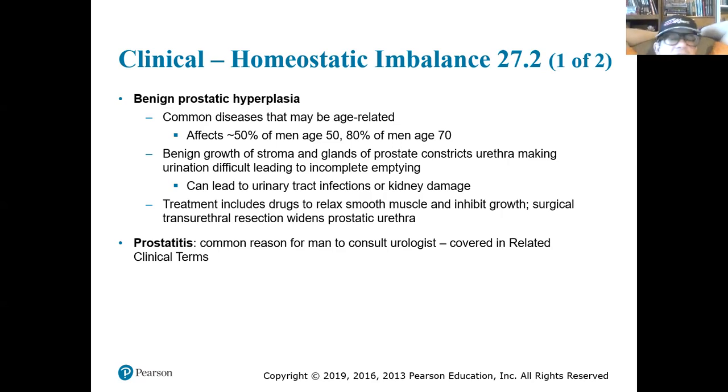A lot of men don't want you messing with their ability to ejaculate. So that was in the past problematic, but I'm hoping to read that things have changed. Prostate inflammation, prostatitis. This is one of the main reasons why people go to a urologist.